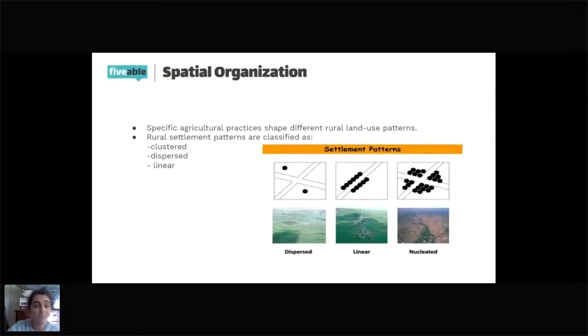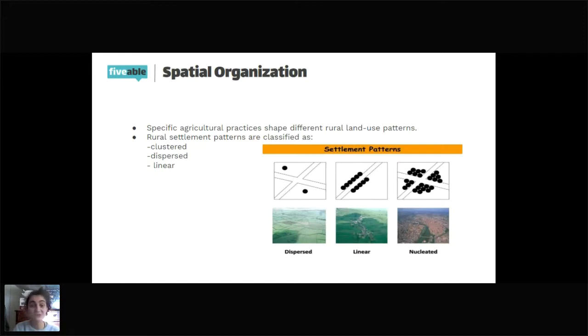So spatial agricultural practices shape different rural land use patterns. Obviously like we talked about, the environment and the climate, the type of crops will be determined by these environmental factors, right? Depending on the type of crop being cultivated in a region, the settlement would be very different.